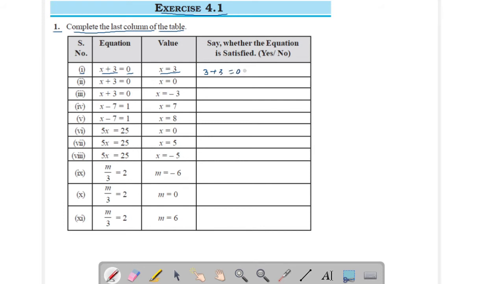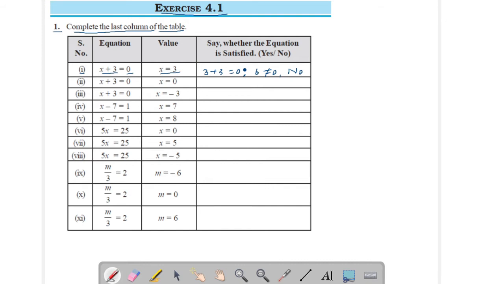And if you add 3 + 3, you will get 6. And here 6 is not equivalent to 0. Therefore, your answer is no, because here the left hand side is not equivalent to the right hand side.